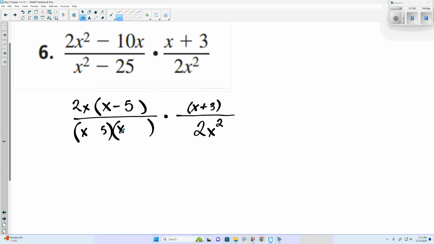So we would have x and 5, but our signs would be opposite. The third term is negative, but also our difference of perfect squares, a squared minus b squared, is a plus b times a minus b. In our case here, a is x and b is 5.